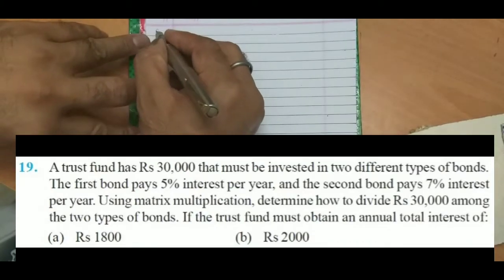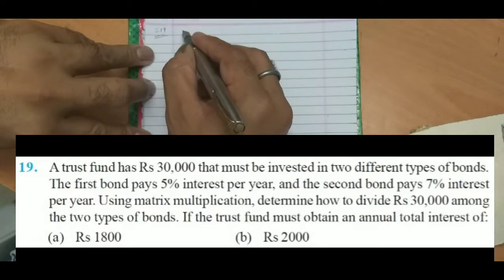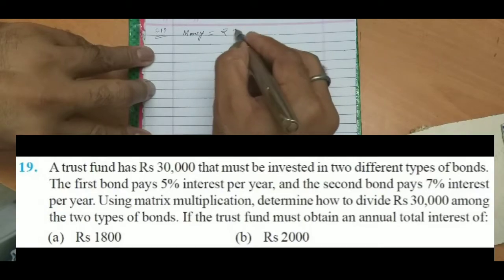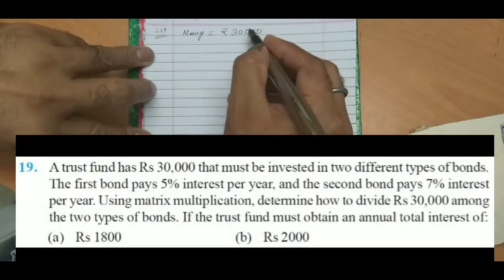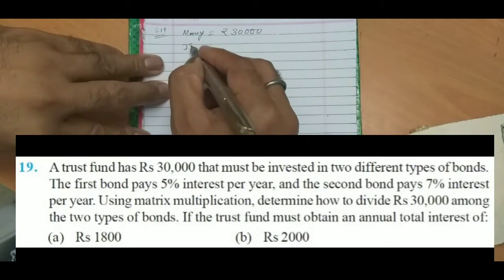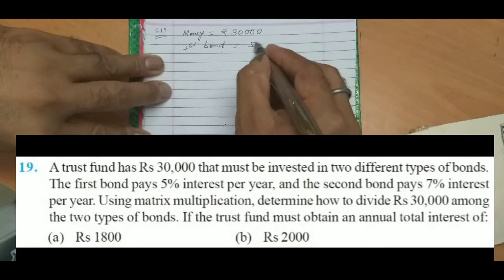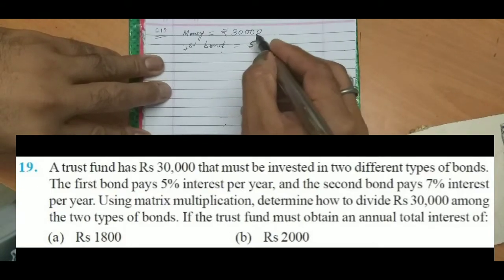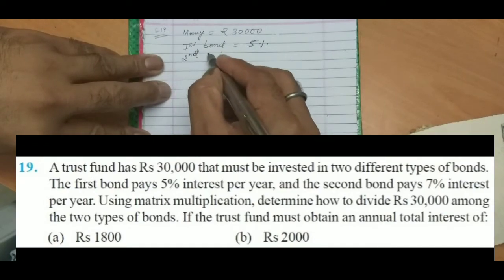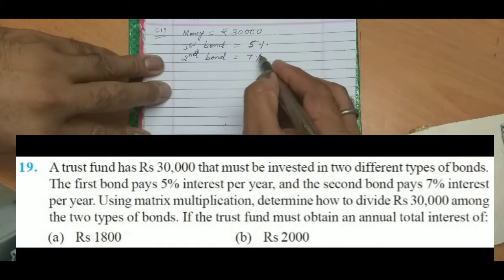So here we start question number 19. The total amount of money was rupees 30,000. Interest for the first bond is equal to 5% and interest for the second type of bond is equal to 7%.